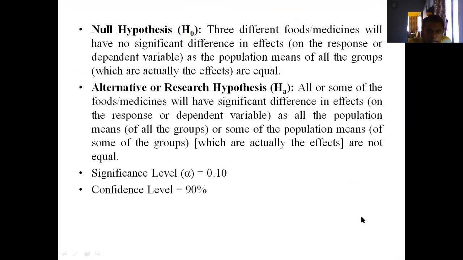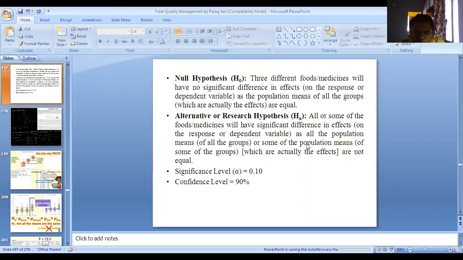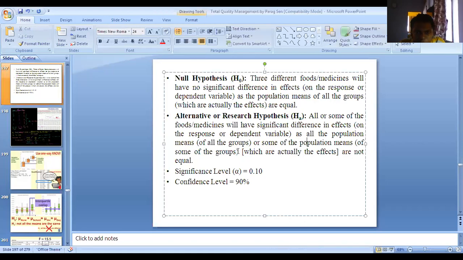Here we have also represented that all of the population means are not equal. But here it is confusing. We can actually delete this part, 'some of the population means', it is confusing. Better to describe it in the latter part.